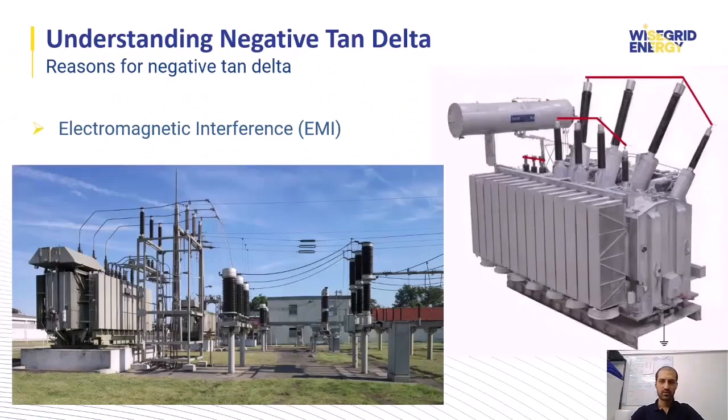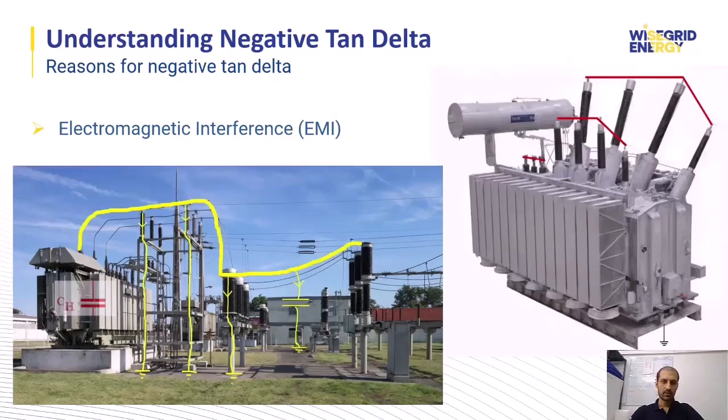Sometimes, if proper insulation is not done and the transformer terminals are connected to a circuit breaker, and we say, okay, the circuit breaker is open and we've energized the transformer. But in these cases, we will get a wrong value of tan delta, especially for CH or CL of the transformer, which are measured in GSD mode, because we will have some surface leakage currents through other components in the substation.